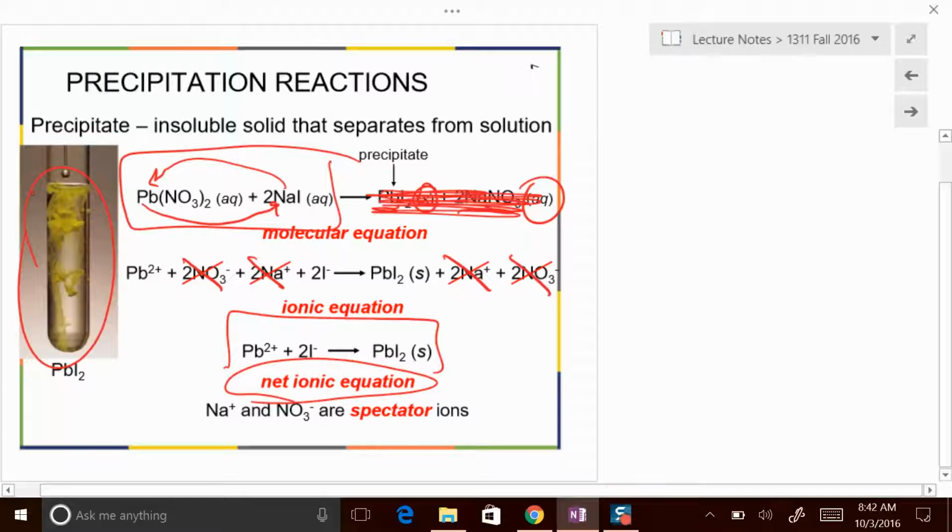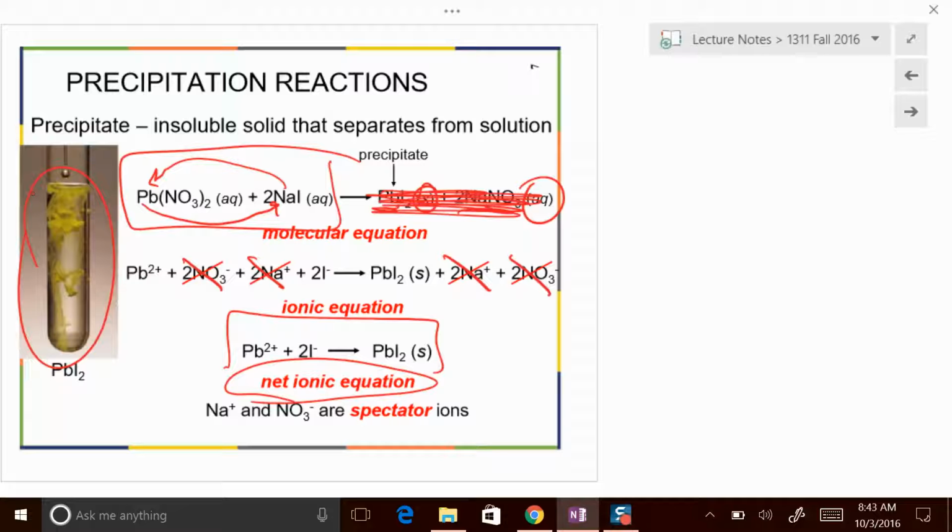This is what it looks like. You put those two things together, and all of a sudden, it just begins to come out of solution. This yellow lead iodide precipitate. It's a solid. A lot of times when people react things together, they would describe it as getting cloudy. And that's because a precipitate is forming. Whenever your solution gets cloudy, you might think, oh, it's still dissolved. No, that's not dissolved.